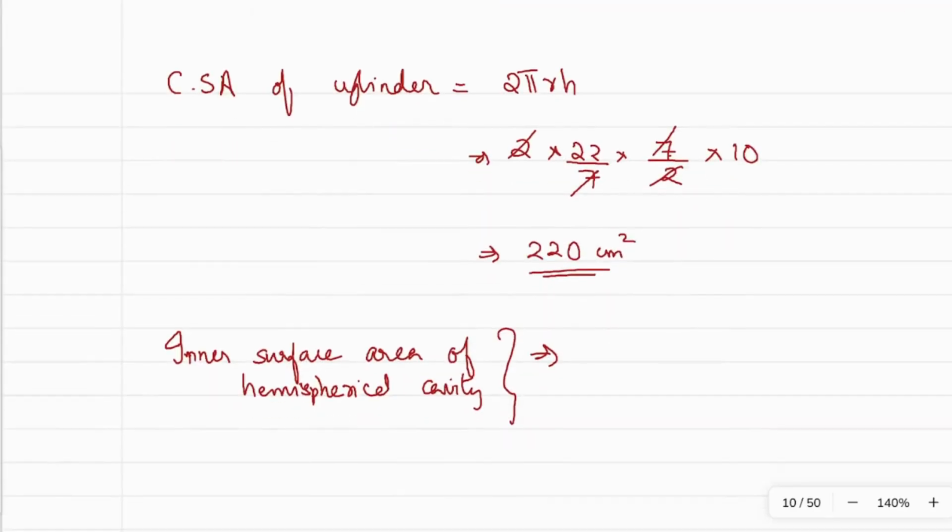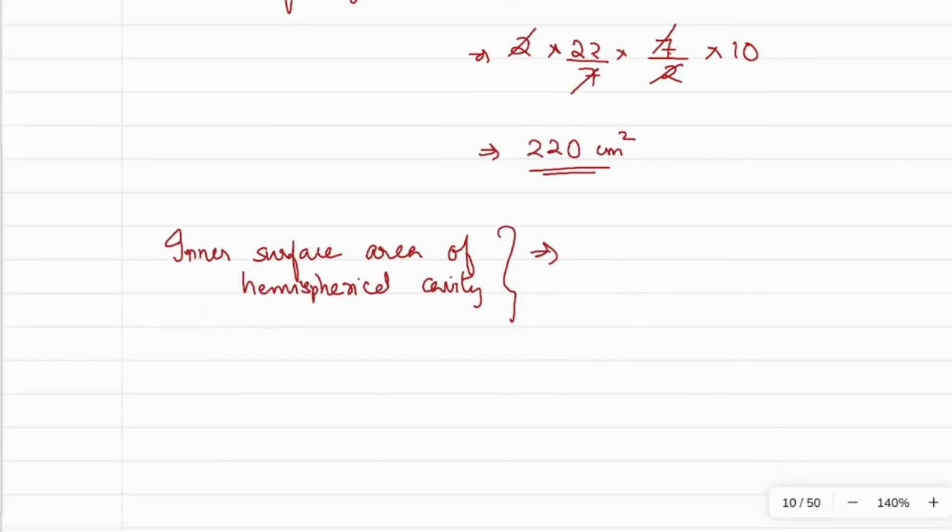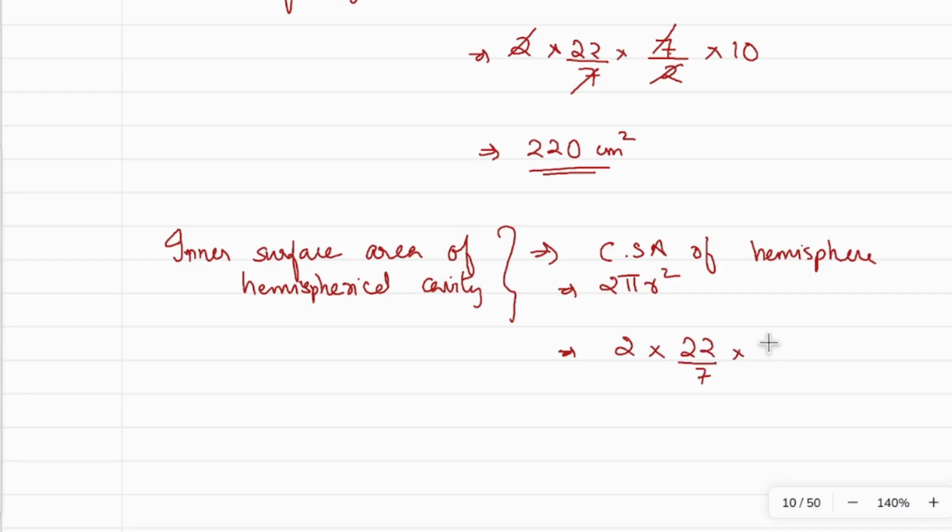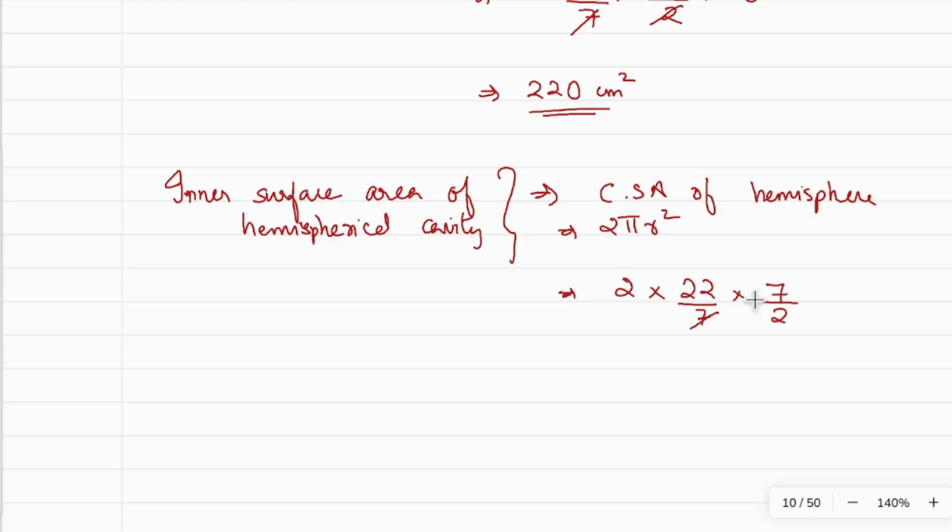Okay, which is the inner surface area of the hemisphere. It is equal to the CSA of the hemisphere, which is 2 pi r square, which is 2 into 22 by 7 into r, again 3.5, which can be written as 7 divided by 2, and again one more 7 by 2, because it is r square here.